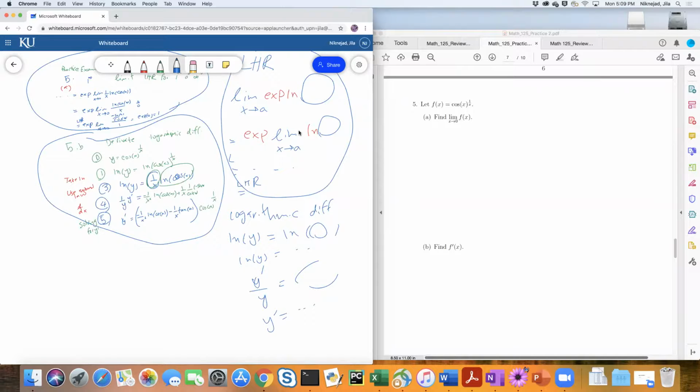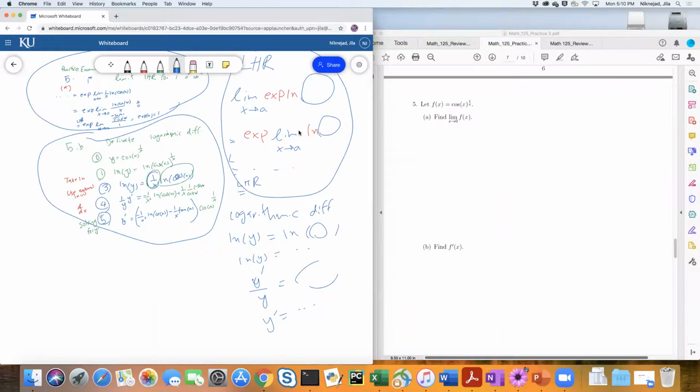I have a question. When just looking at an equation that we're taking the derivative of, how do I know to use just the general derivative rules versus using logarithmic differentiation?